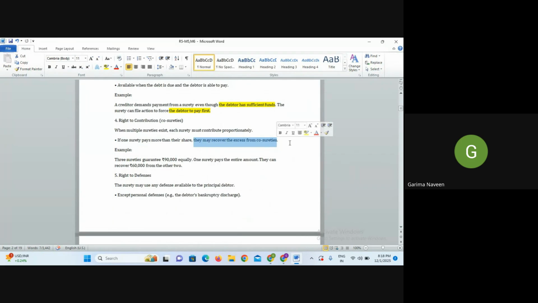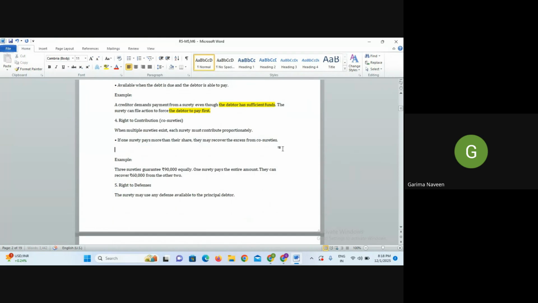So suppose you have three sureties here, A, B, and C. A has paid $150 on behalf of the debtor. Now he has the right that he can claim this $150 from B and C. So if we divide proportionately among three, then each will have $50 in their proportion.